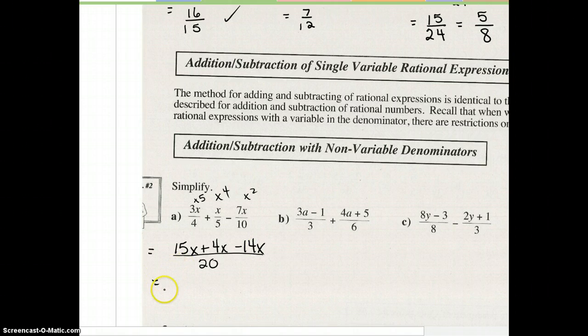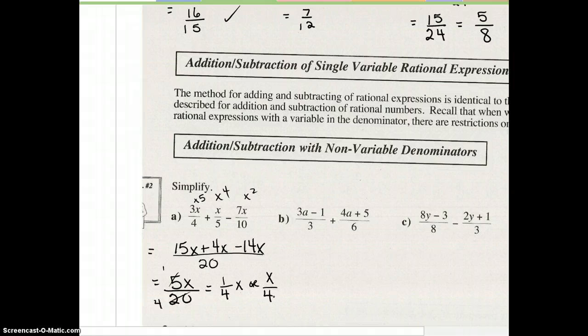I collect all my like terms, and I end up with 5x over 20, which needs to be reduced. 5 goes into itself once, 5 goes into 20 4 times. I end up with 1/4 x, or I can have it as x over 4. Both of those are actually correct.